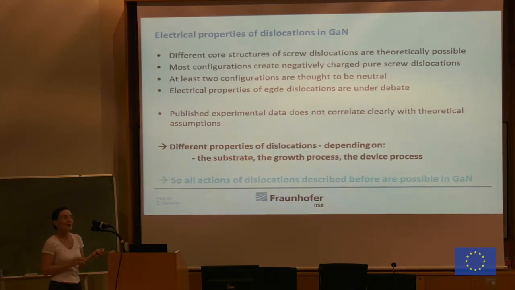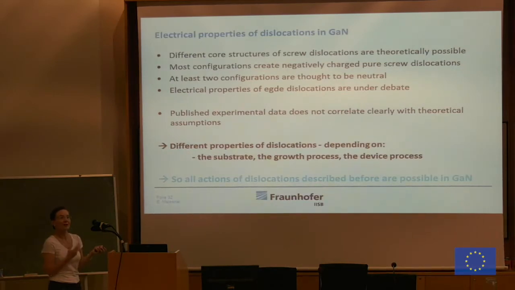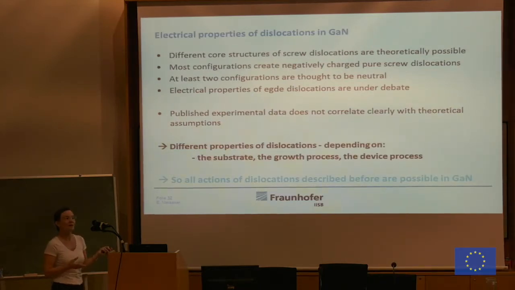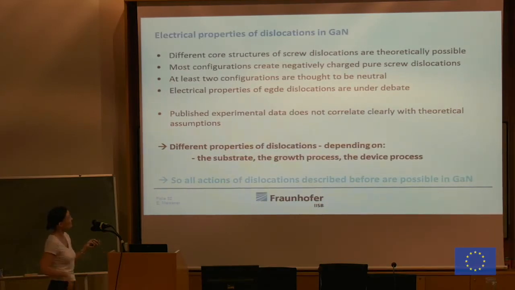And for a long time, the researchers asked themselves why gallium nitride functions as a direct bandgap semiconductor, emitting light, or is usable as a power electronic medium, although it has 10 to the 9 dislocations. This is not typical for a semiconductor. And this is because of the nature of the dislocations in gallium nitride.